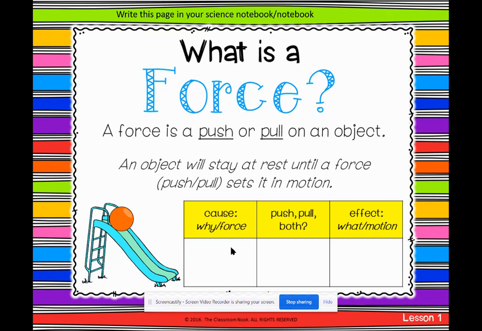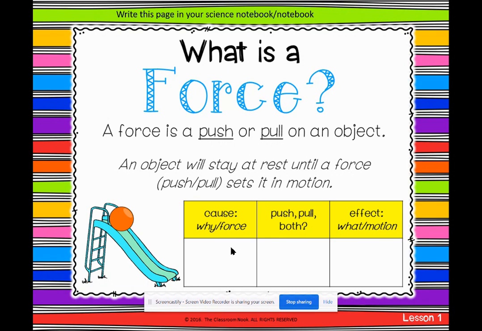You are pulling part of your body up off of the floor. When a leaf falls to the ground, this is a pull motion because gravity is pulling on that leaf. So that's technically what a force is. It is either a force that is pushing or pulling on an object.